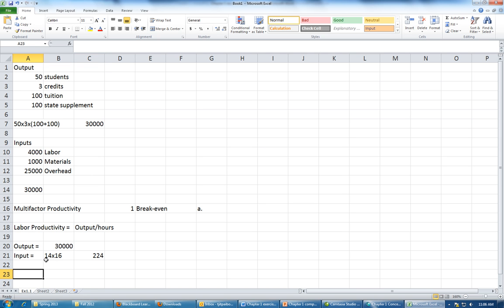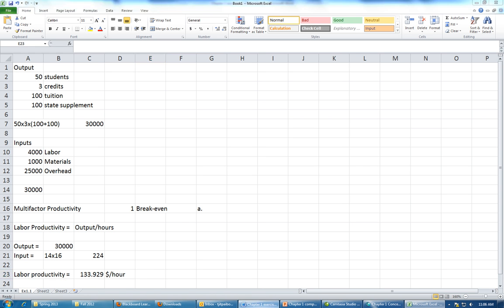So labor productivity equals output divided by input, and labor productivity must have a unit, which is dollars per hour. Okay, so that is example 1.1.